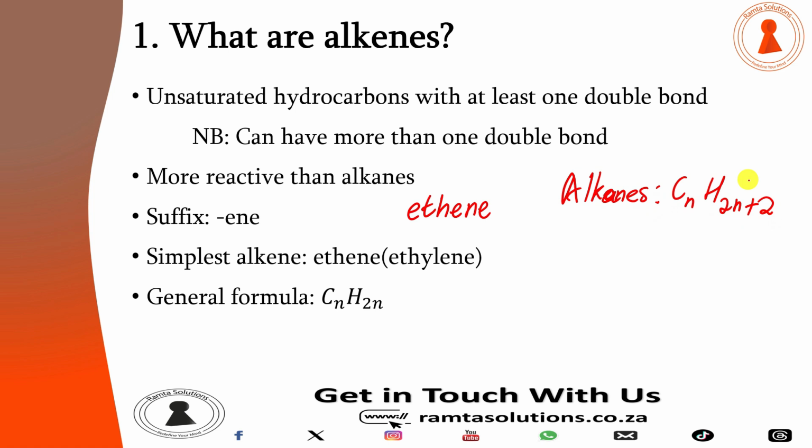So now we are saying these ones have two less hydrogens because of the double bond. Hence it is 2n and not 2n+2.